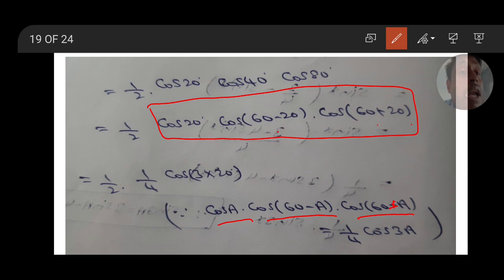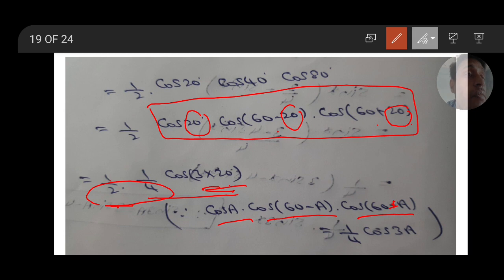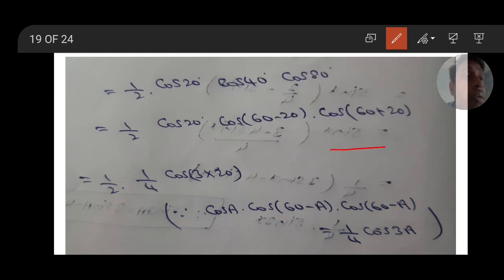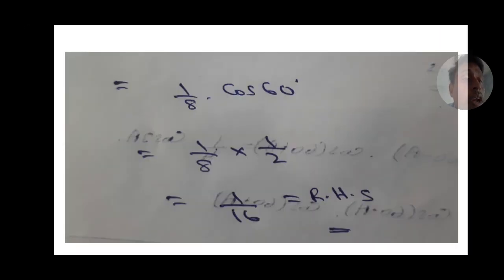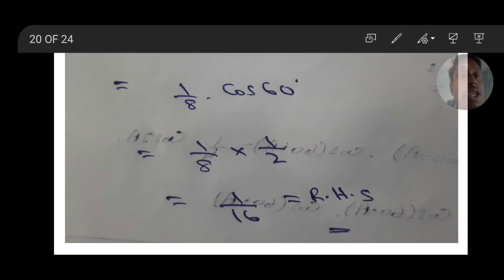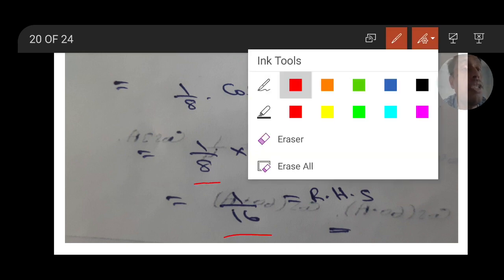Here what is the a value? A means 20. So 1 by 2 as it is, 1 by 4 cos 3 into 20, that is cos 60. This is 1 by 2 into 1 by 4, 1 by 8, into cos 60. Cos 60 value is 1 by 2. So 1 by 8 into 1 by 2 is 1 by 16, that is RHS.